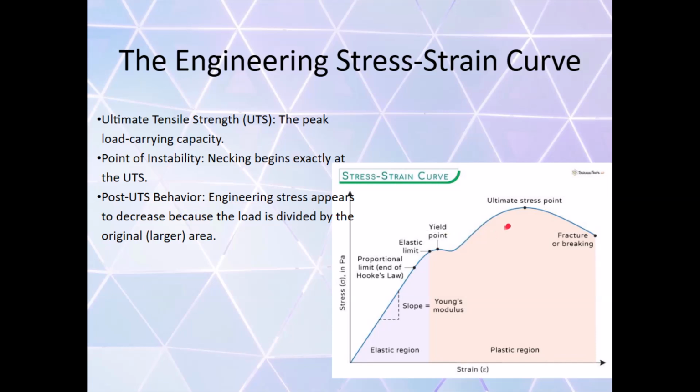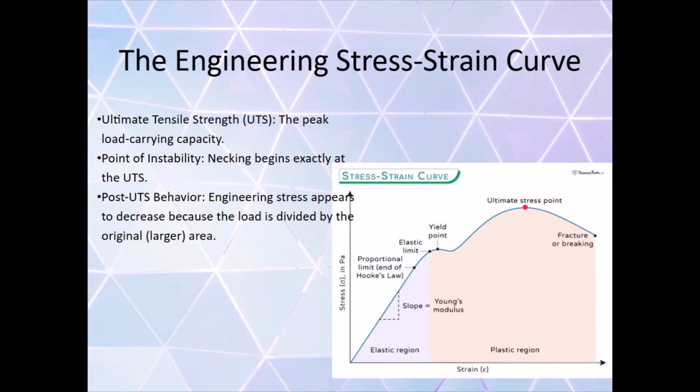Now the post UTS behavior. Look at this curve: there is some decrease in the stress, which is due to the original area. The ultimate tensile strength is measured using the original area, and engineering stress strain is based only on the original area, not the instantaneous area.